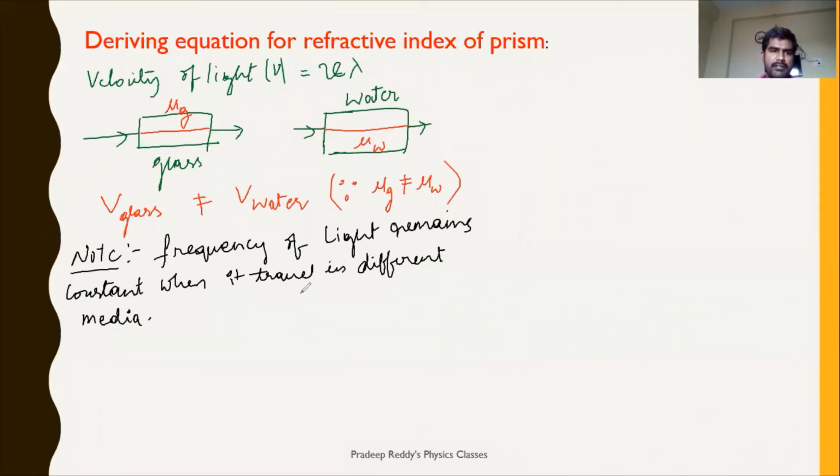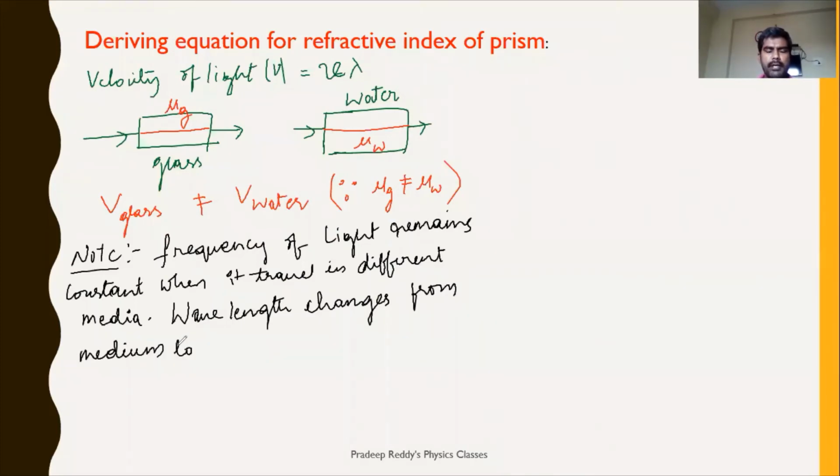So frequency of light remains constant, wavelength changes from medium to medium. Therefore, the wavelength of light in glass is not equal to the wavelength of light in water.